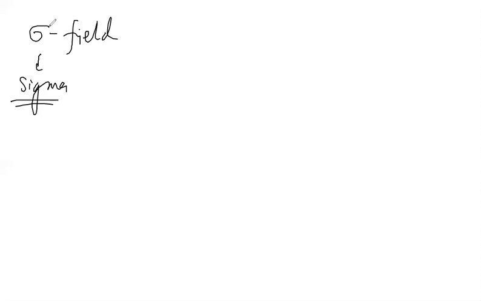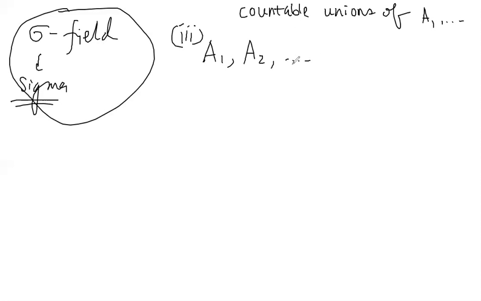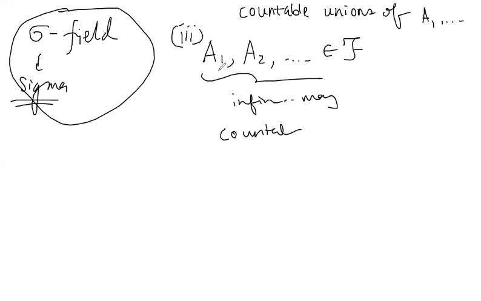Okay, so what is a sigma field? A sigma field is basically just a field with some modification to condition 3. Condition 3 is modified to countable unions of sets. Which means if you have A1, A2, and so on, there are infinitely many sets, but they are countable because 1 can map to 1 in the set of natural numbers, 2, 3, and so on.